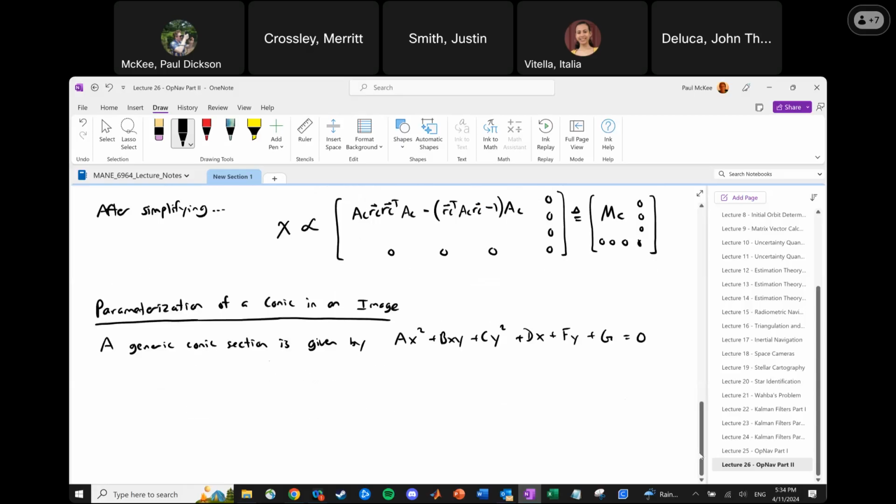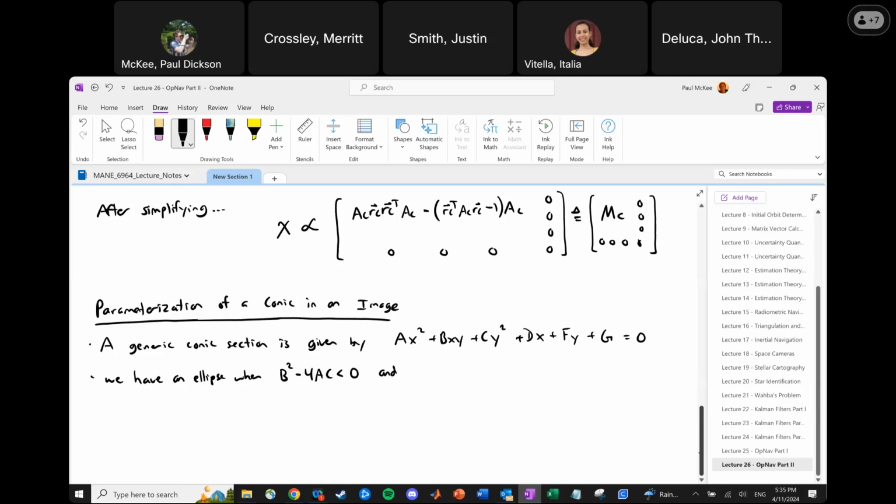That's a generic conic section in two-dimensional space. And we have an ellipse whenever b squared minus 4ac, which sounds a little bit familiar from high school math, whenever that is a negative number, we've got an ellipse.